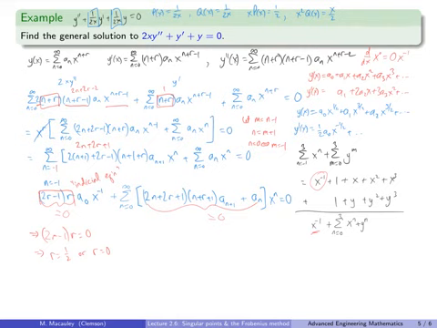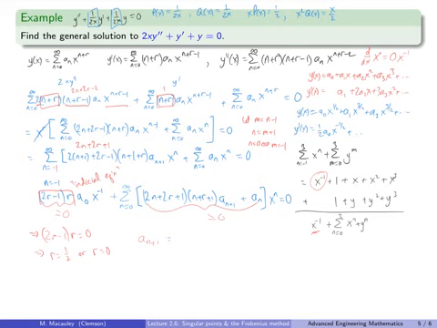Next, we have this. This is our ordinary recurrence relation. So if we set this equal to 0, let's see. So now we get a n plus 1. So I'm going to solve for a n plus 1. So I'm going to move that to the other side of the equation.